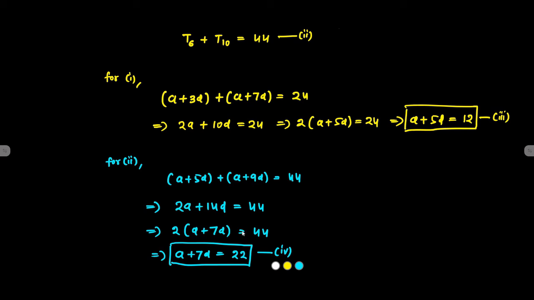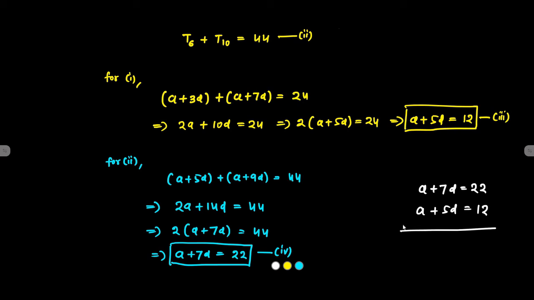So these are two linear equations in two variables, A and D. So we have to find the value of A and D. So what we'll do here, we'll write first A plus 7D is equal to 22, equation number 4, and A plus 5D is equal to 12.